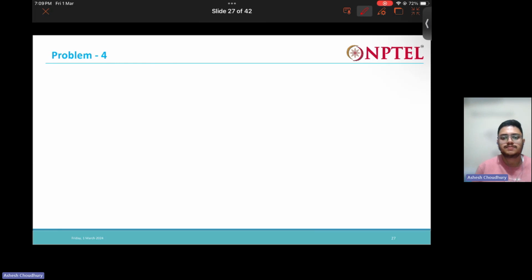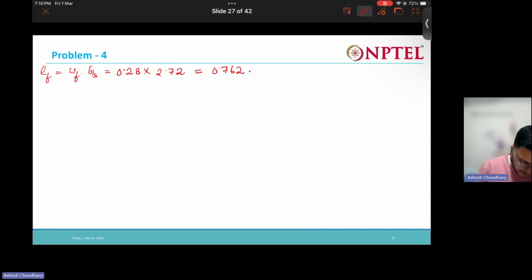The first thing is we need to determine the final void ratio. Correct? So this will come out as 0.762.